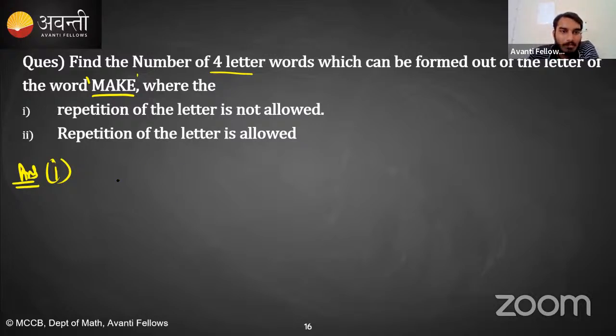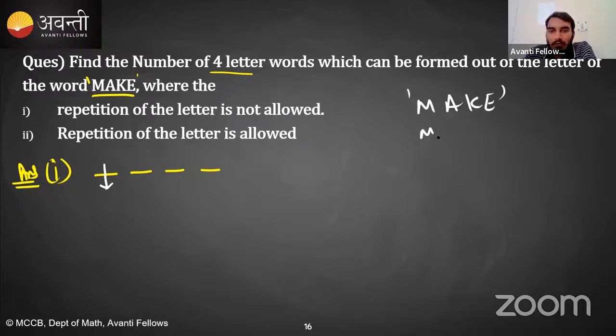There are 4 letters. Tell me, in how many ways can the first letter be chosen? The word is M-A-K-E, so we have the letters M, A, K or E, and the repetition is not allowed.